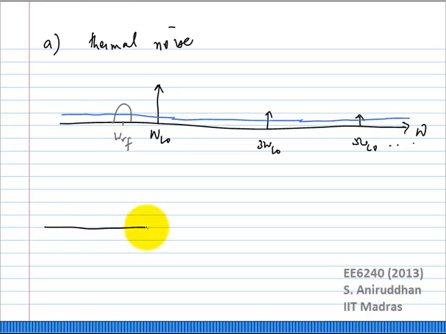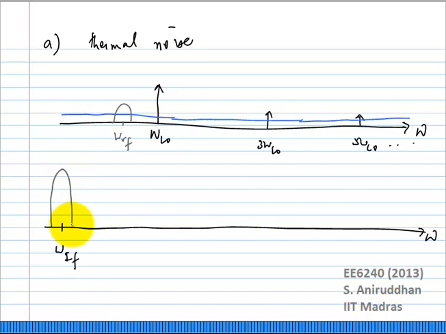If I plot the output at omega IF, what I have, let us say, is some gained version of the RF signal. Apart from that, what will I get? I have this portion of thermal noise which will add up.